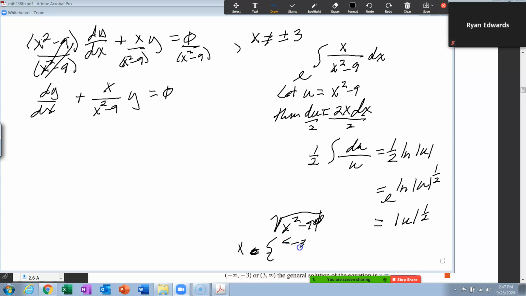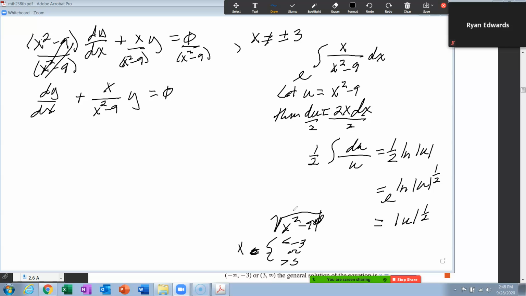Less than negative 3 or greater than positive 3. One or the other, okay? Because of two reasons. One, it can't be plus or minus 3 from up here, and it can't be between negative 3 and 3, because then that would give your radical a negative number, and we can't have that. Okay, so we've really got some restrictions on x here.